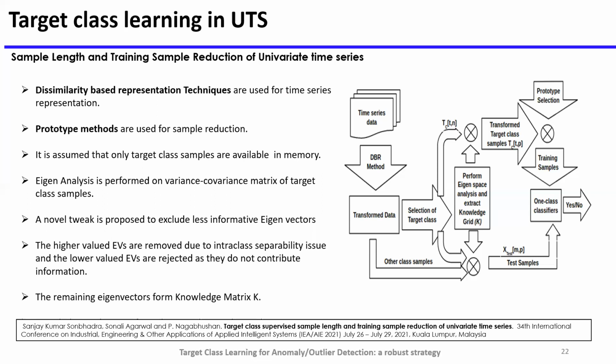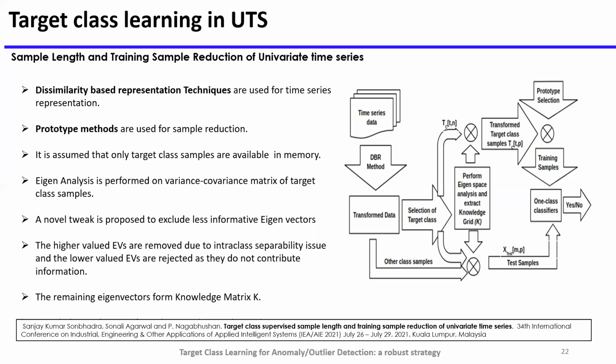A lot of DBR techniques are in the literature, but in this part of the work, 16 DBR techniques have been used to represent the univariate time series in the best way.